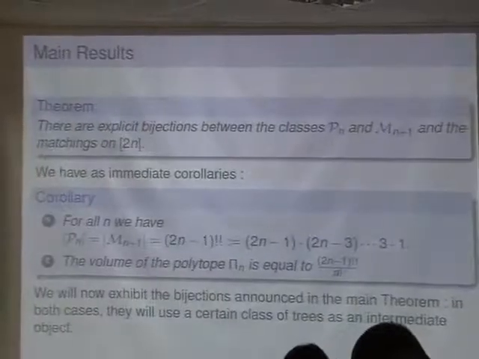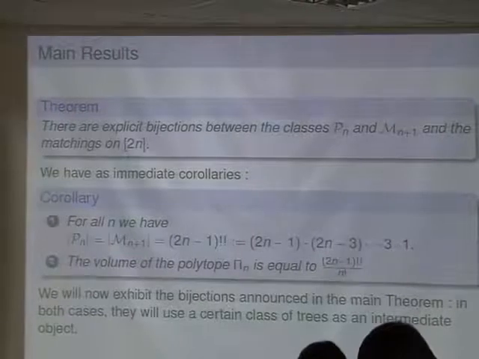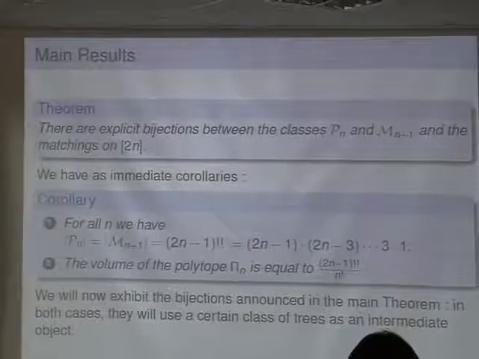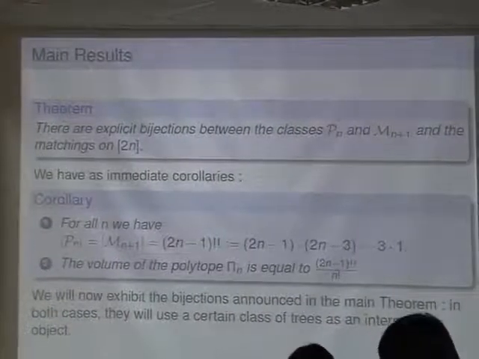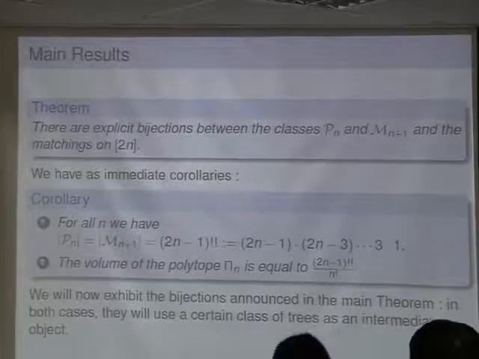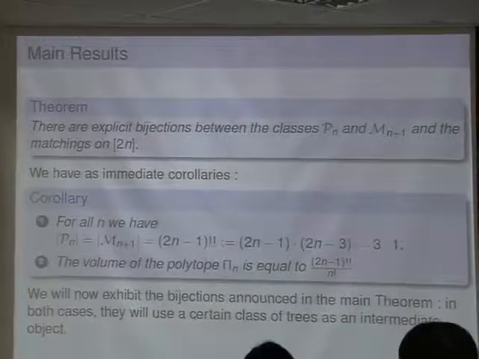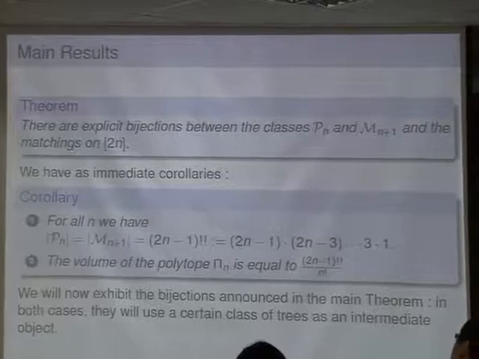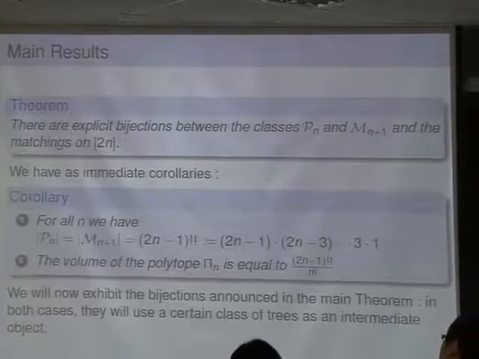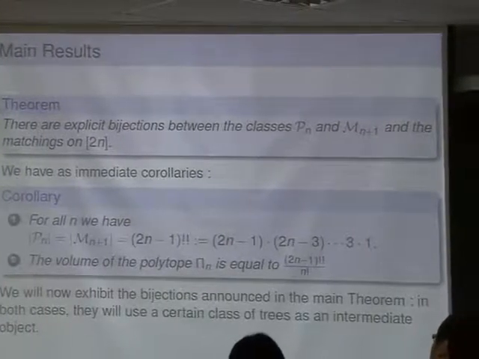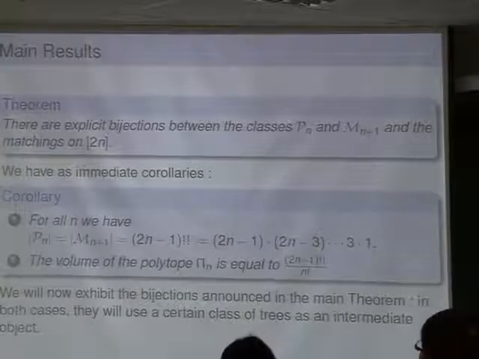I will now go through the bijections. It's actually a composition of 2 bijections, and I don't see any good way to go directly to matchings. So I will go first to a certain class of trees that I will define soon, and then from these trees to the matchings.